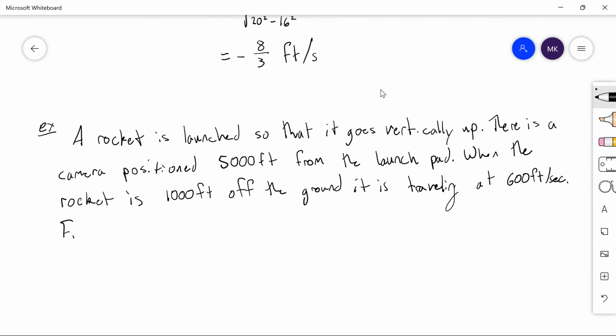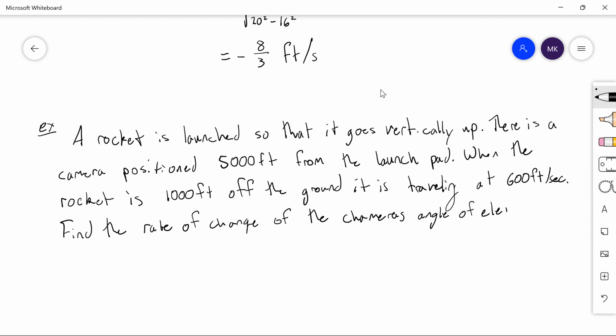What I want to do is find the rate of change of the camera's angle of elevation so that the rocket remains in focus. I'll say specifically when it's 1,000 feet off the ground. So at this time.